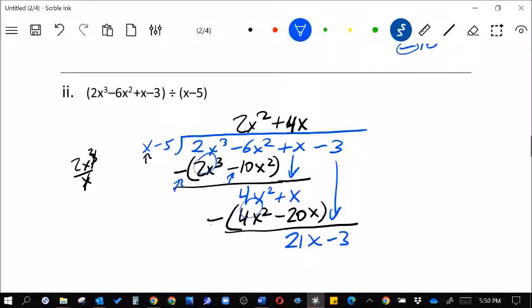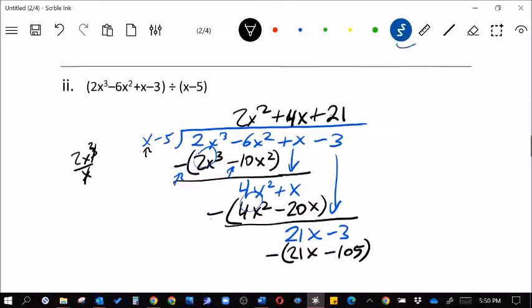Now, what do I do to x to make it into 21x? I'm going to have to multiply by 21. So up here I put plus 21, and then I do 21 times x, and 21 times the negative 5. So what I have is negative, and 5 times 21 is 105, and I'm going to subtract.